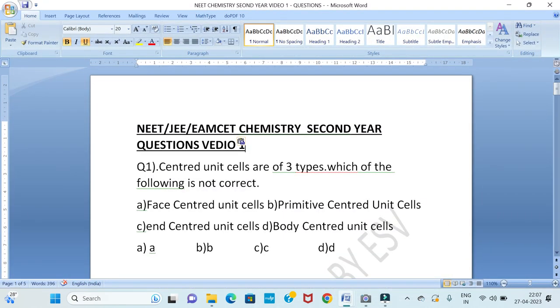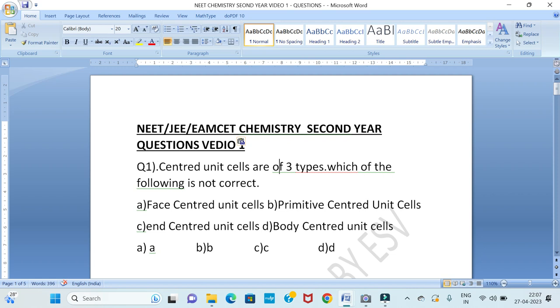Today, NEET JEE MSET Chemistry Second Year Questions Video 1. The first question: centered unit cells are of three types. Which of the following is not correct?